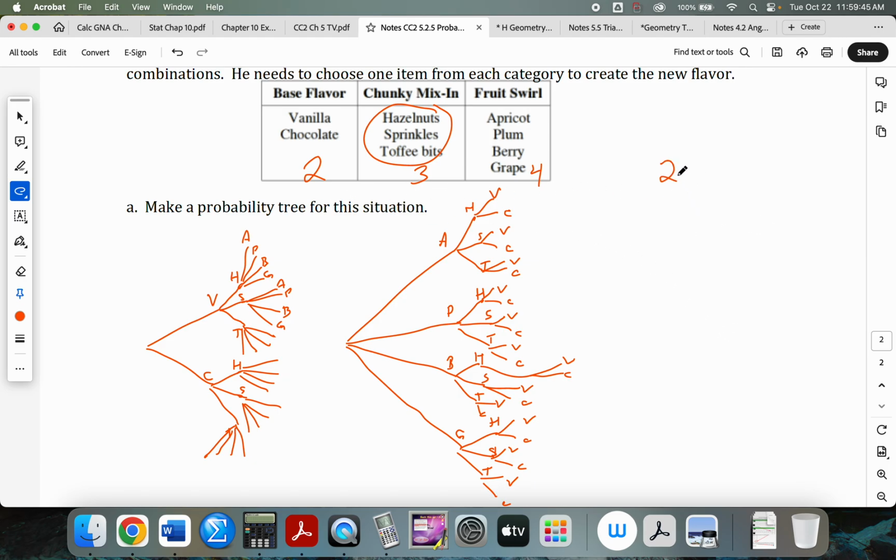Just multiply them. You can always check to see if you've gotten all of the right combinations or the correct number of combinations. Okay, any questions about that? Okie dokie.